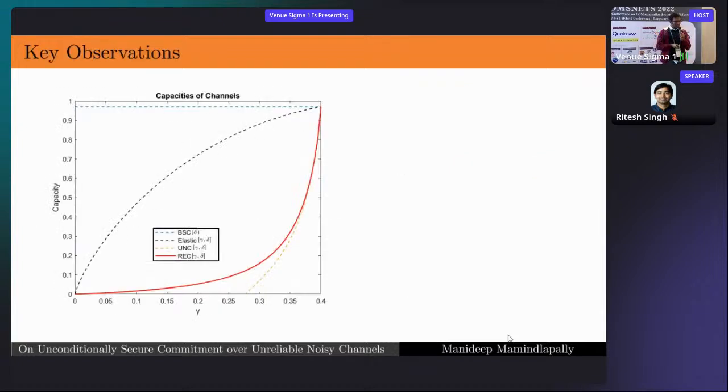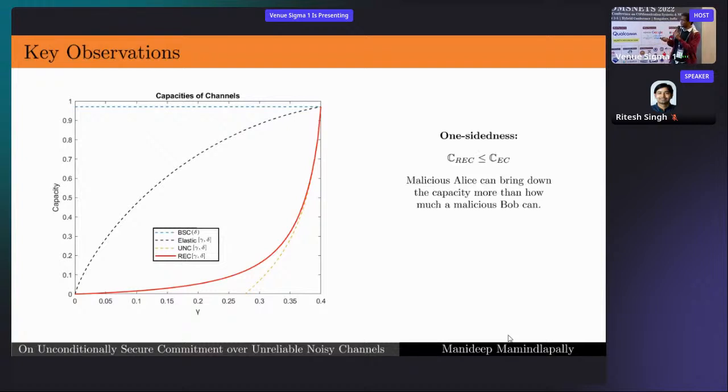There are some key observations that we can make here, a couple of points actually. Also here I've plotted the commitment capacities of all the four channels along with the BSC(delta) channel. So we can see that the commitment capacity of the unreliable channels is always less than that of the BSC(delta) channel. And another thing to note is that the commitment capacity of the reverse elastic channel is always less than that of the elastic channel.